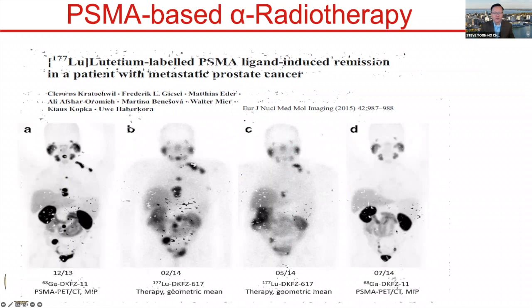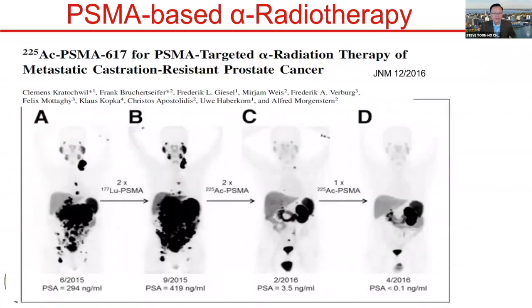And then how these patients do afterwards. Some of the other real excitement in the field is that some of these patients treated with lutetium PSMA do progress, as you see here from A to B, this patient showing worsening disease. The PSA is increasing from 294 to 419, but then the patient gets treated with an alpha agent. So if you remember, these are kind of like the energetic helium atoms that really are radiodense and cause double-strand DNA break.